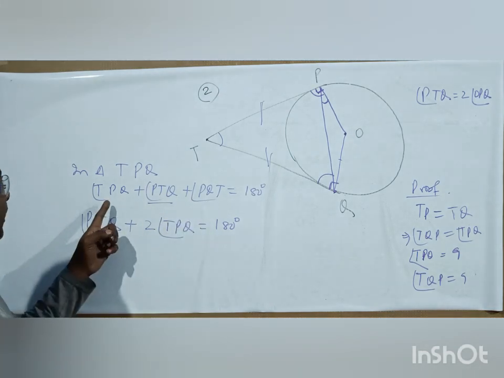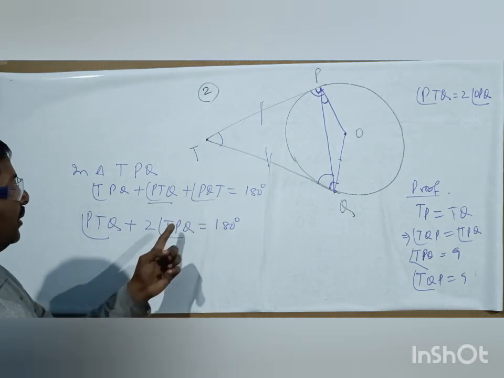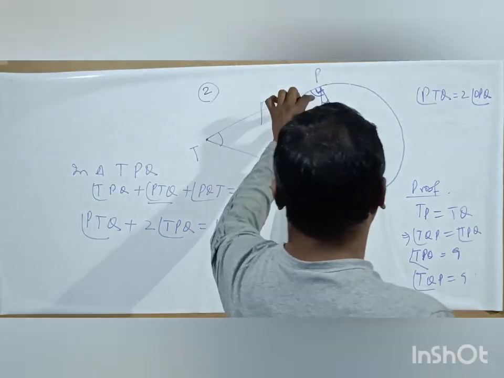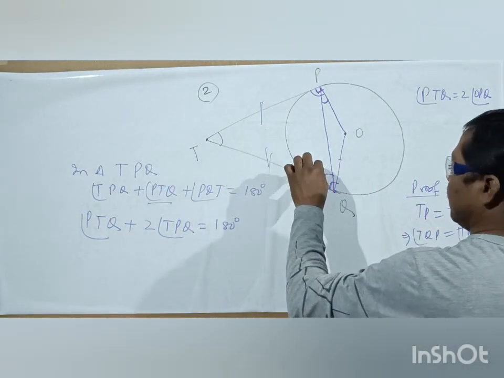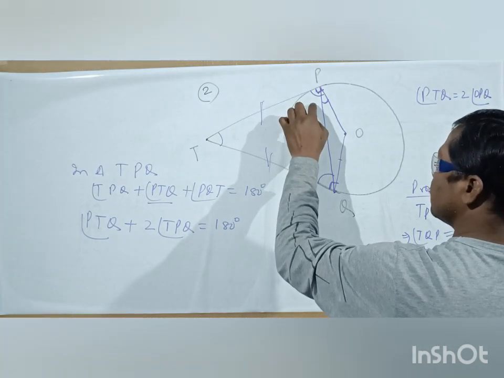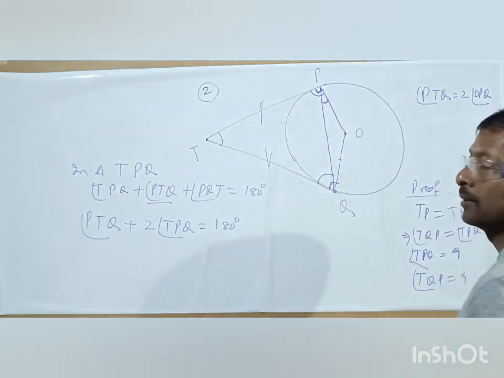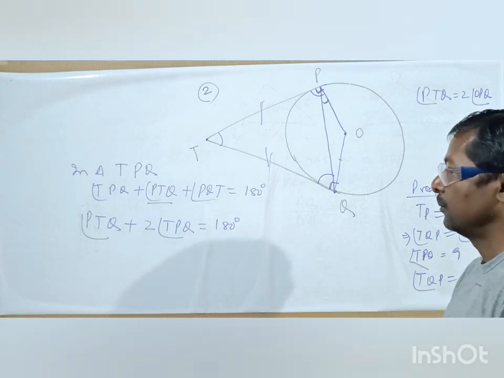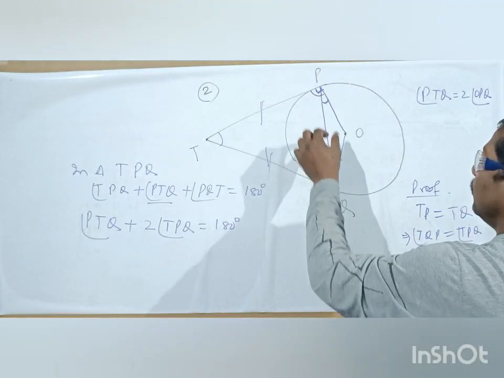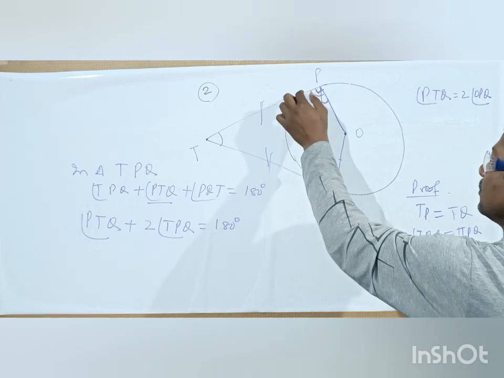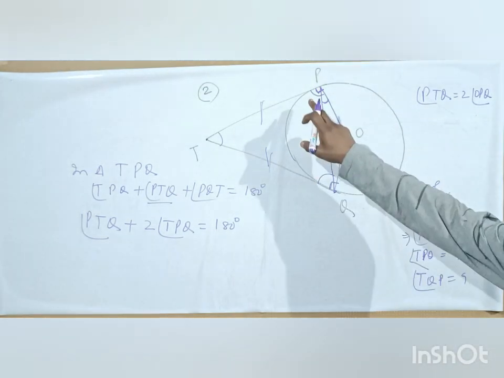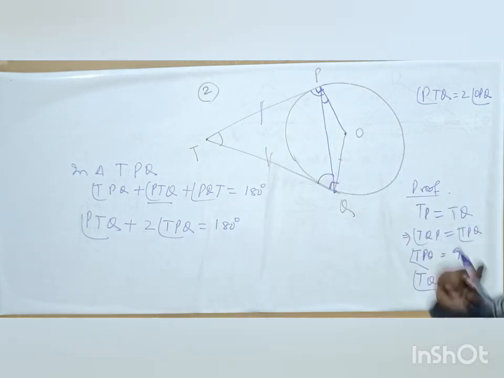So I can write 2 of this angle in place of this plus this. Why am I writing this? Because I will get OPQ here from this 90 degree angle. That's why I am taking this angle in place of this angle.